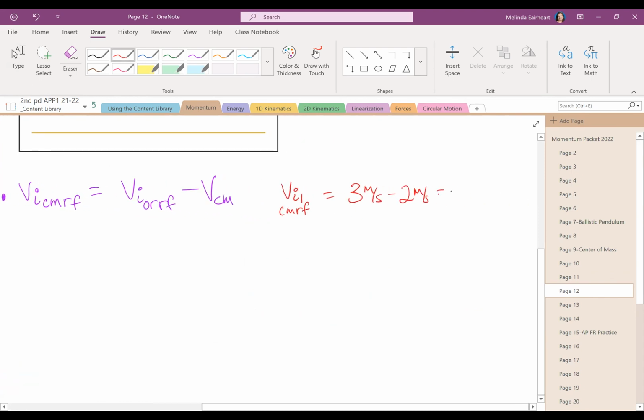And in the new reference frame, it looks like it's going to the right at 1 meter per second. For the green, V initial 2 in the center of mass reference frame would be 0 minus 2. It would be a negative 2. Looks like it's coming towards me at 2 meters per second. Yes?